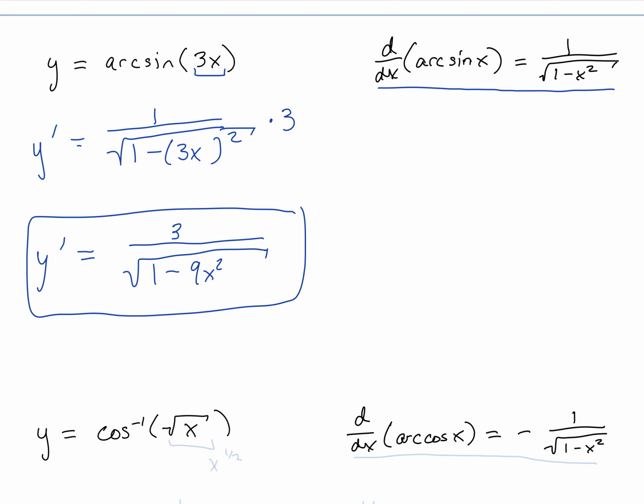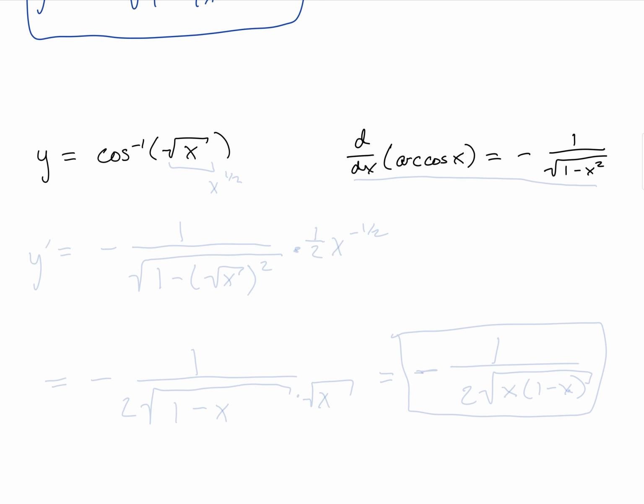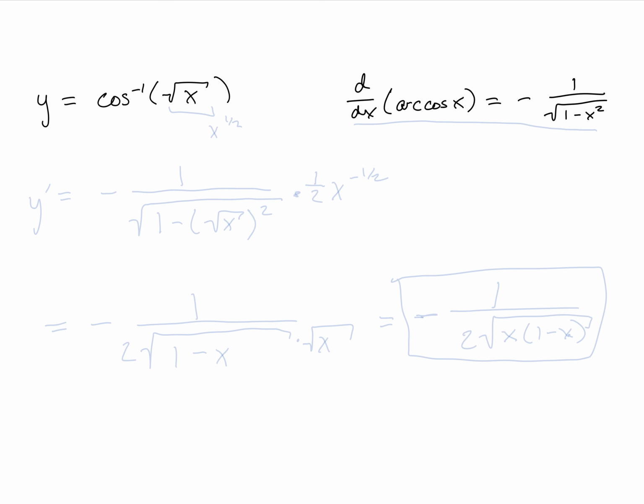Next, we've got the cosine inverse of square root of x, or arc cosine of square root of x. And we know the derivative in general for arc cosine of x. So then y prime is, again, a chain rule where square root of x is the inside function.